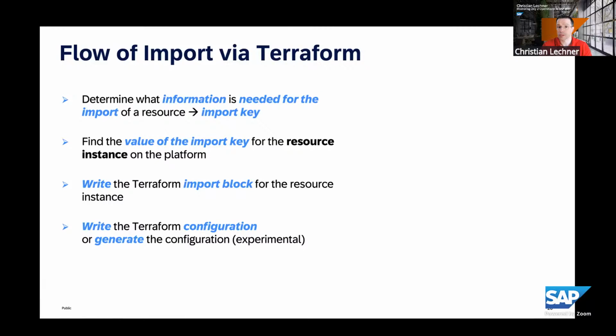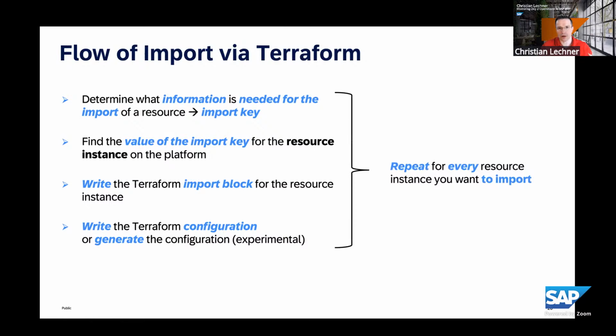So how does the resource look like? What attributes are with which values attached to this resource? Or, as an alternative, you can generate the configuration based on the import block. Now, this generation of the configuration is experimental. From our experience, it works really well for SAP BTP, so this is something that you should definitely take a look at.